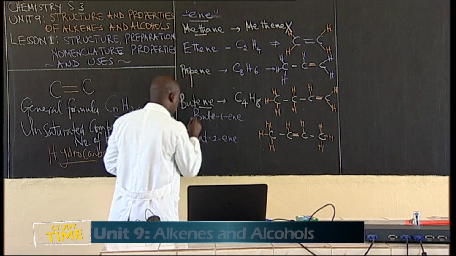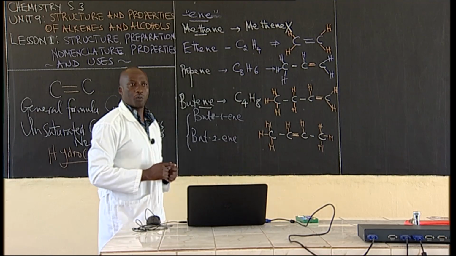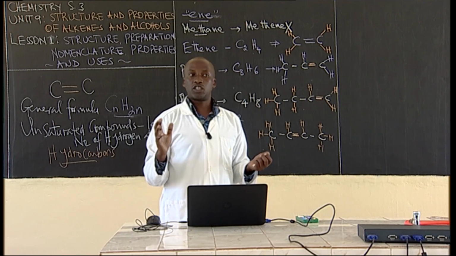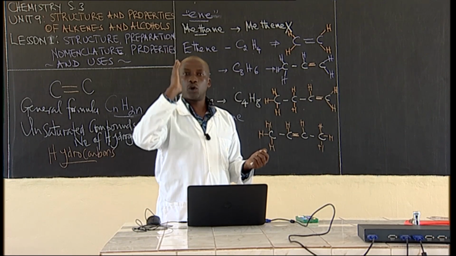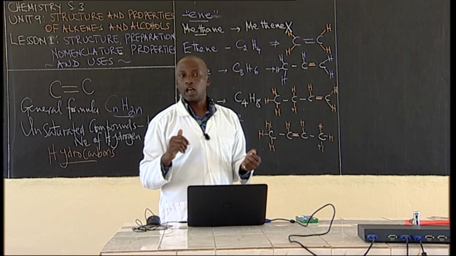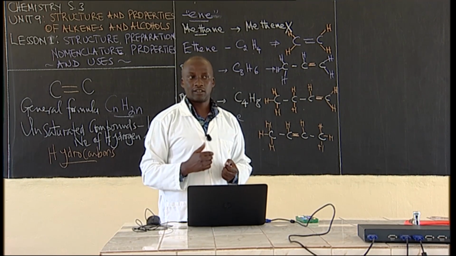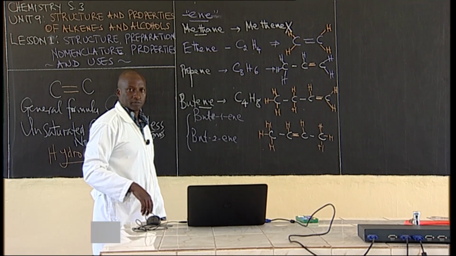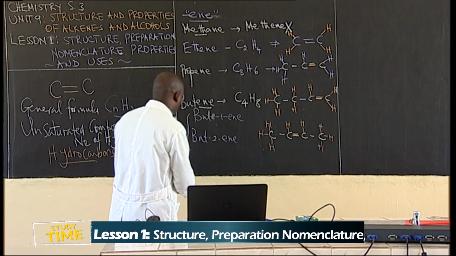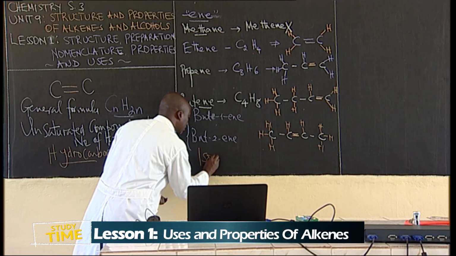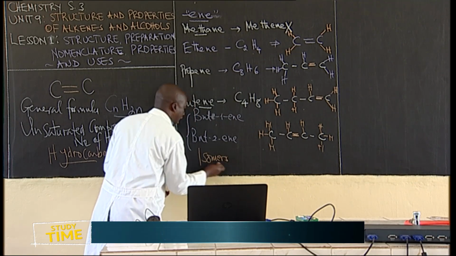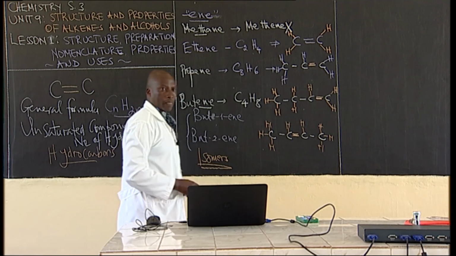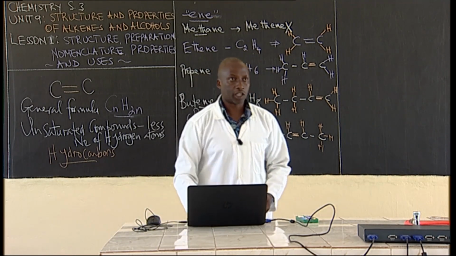What is the common name given to these compounds? We talked about this when we were talking about the alkanes. These are called isomers. So we can move on from the nomenclature.